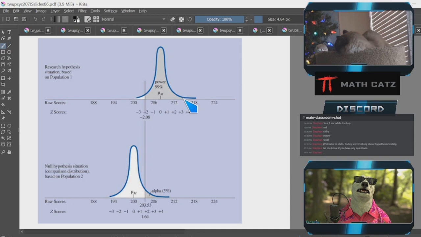So with a smaller variance, which can be achieved with a larger sample size, I am able to increase power and therefore decrease the probability of a type 2 error. Okay, so that's the first important note.